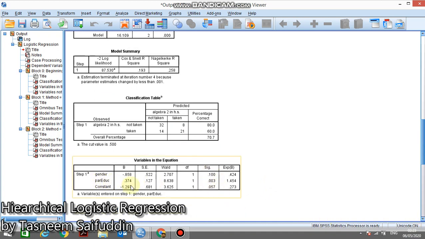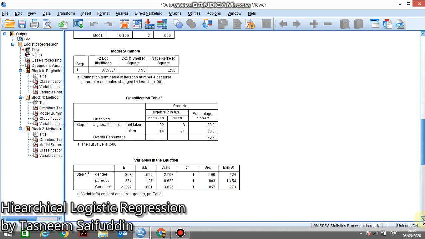Just look here: parents' education is significant, whereas gender is not significant. So what we concluded is that when both gender and parents' education are entered, gender is no longer significant. When we add these two variables independently, they both are significant, but when we add gender and parents' education in a combined form, then gender is not significant.